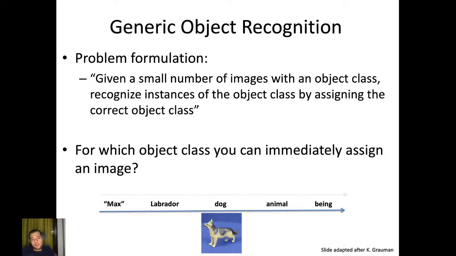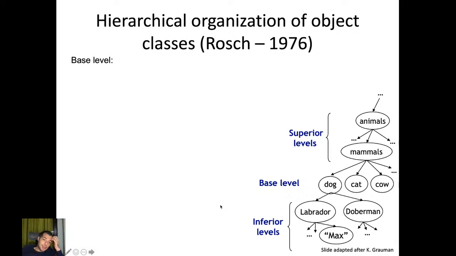So the highest level for which we can mentally think of an image is called generic object class recognition. And we also have a more fine-grained level where, for example, we want to identify breeds of dogs, so we go typically lower in this direction. So the interesting tasks are usually in this range of levels, base level or inferior levels that are related to fine-grained object recognition.